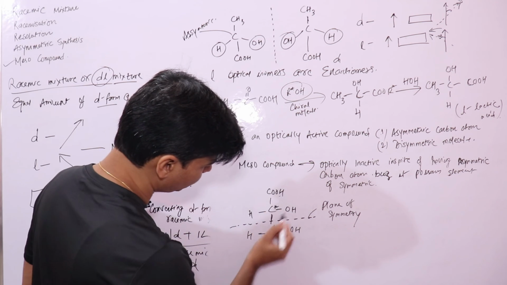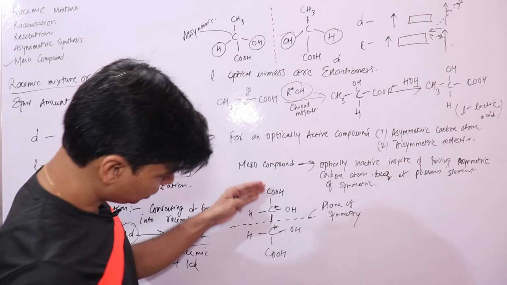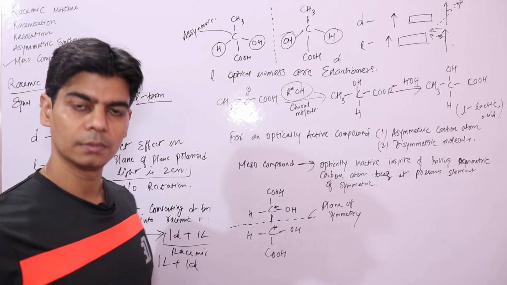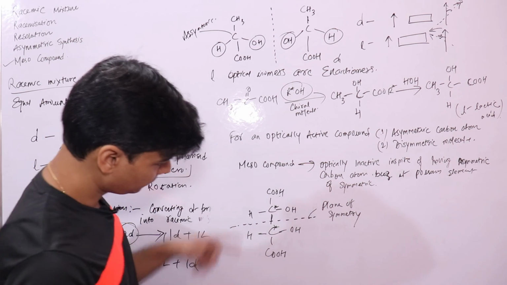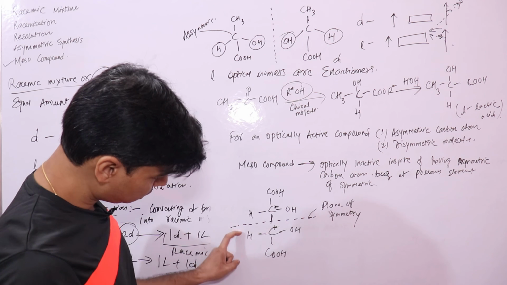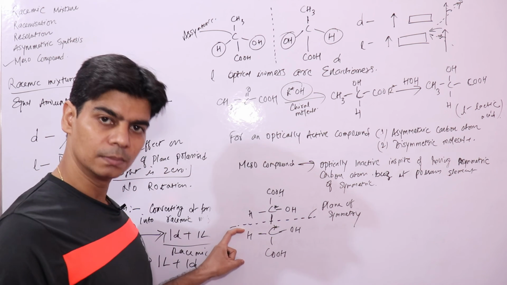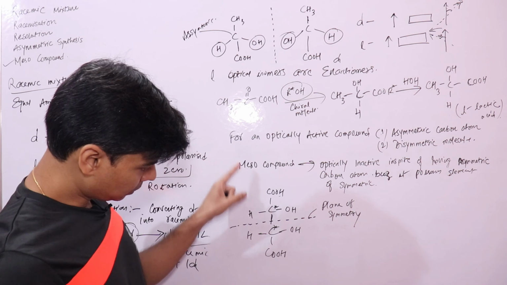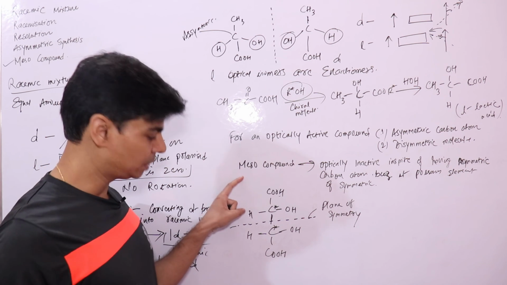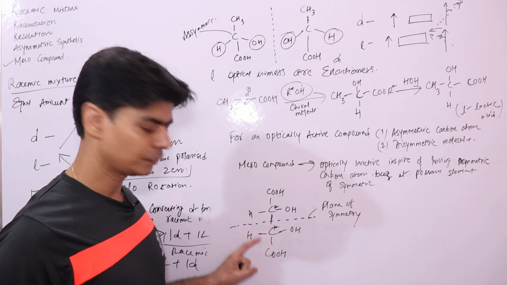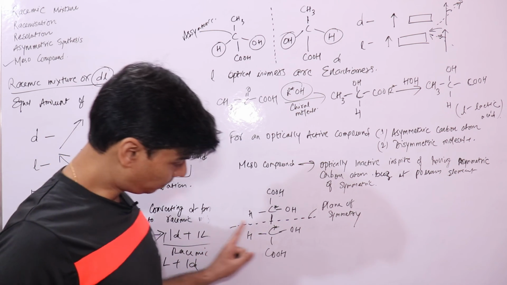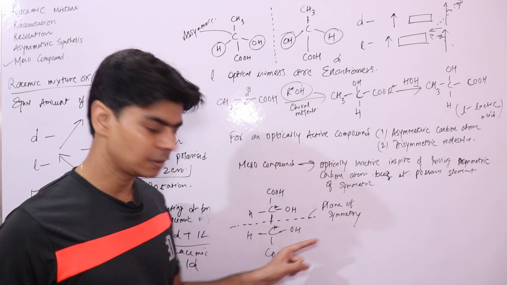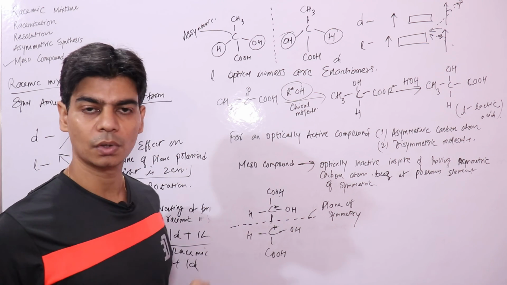One half of the molecule can be superimposed on the below molecule, right? This is what it means. Just see, these two halves are exactly alike, they are the same, and one half can be superimposed on the other half. So due to the plane of symmetry, one half can be superimposed on the other half.